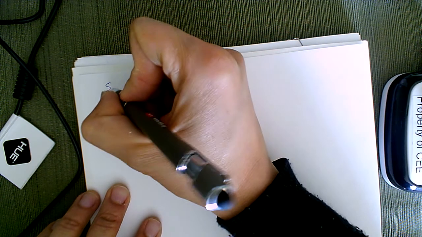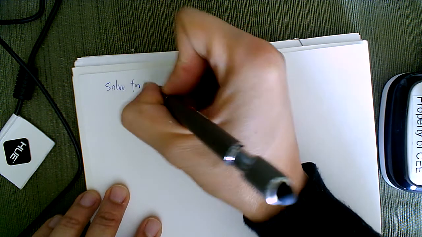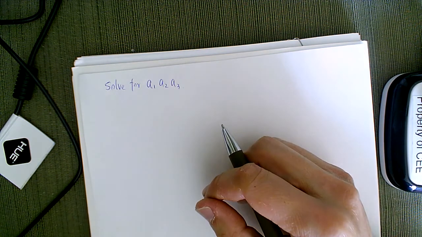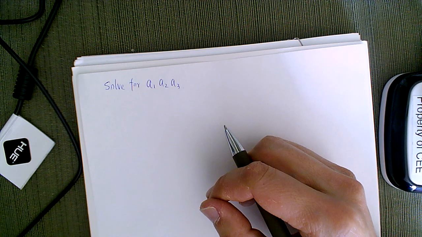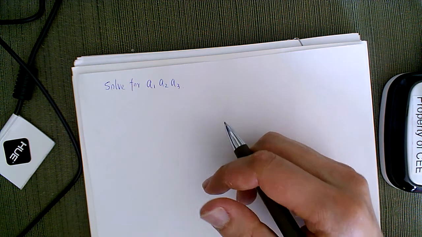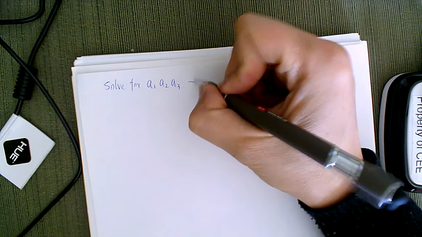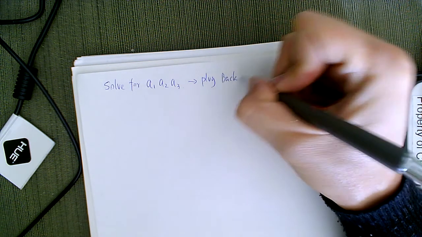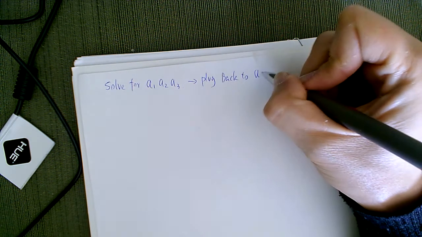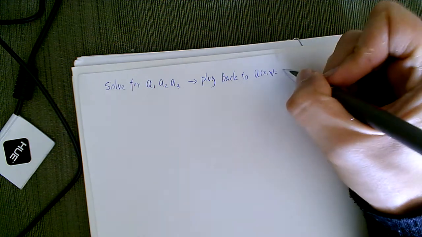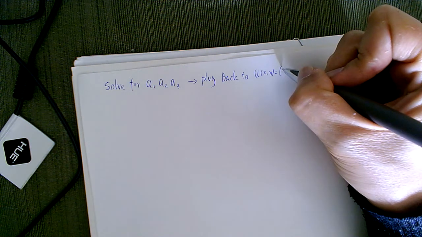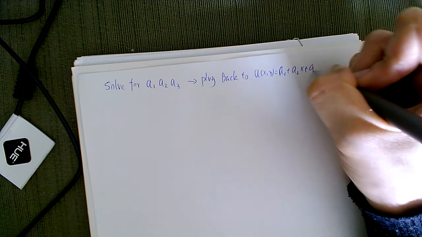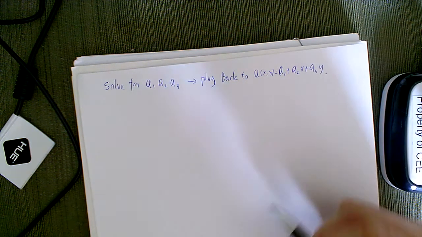So basically, we solve for a1, a2, a3. Okay, you solve them, and then you plug back to u(x, y) equals a1 plus a2 x plus a3 y.